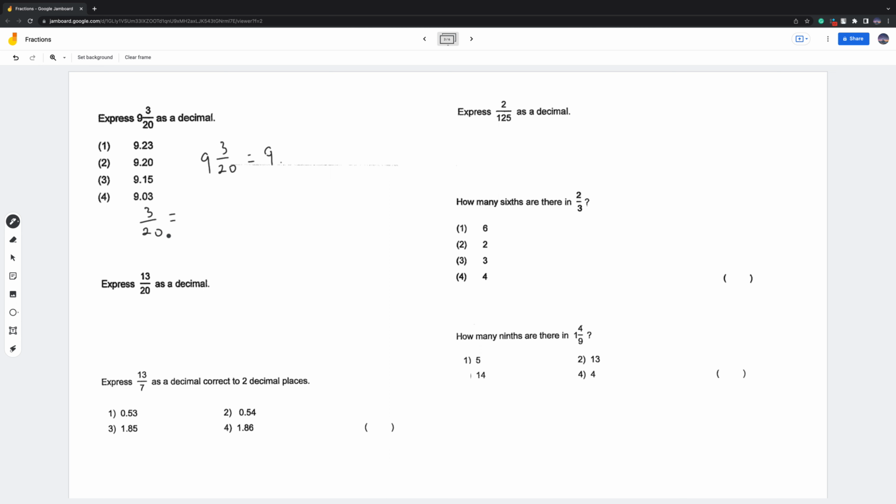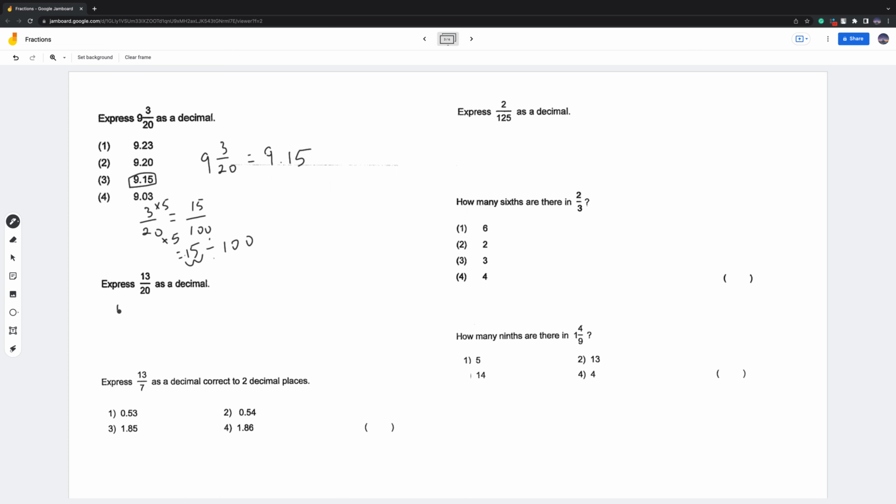Just now we did this, we can change this to 100 by multiplying by 5. We get 15/100. Now, we can change this by dividing 15 by 100. So we shift twice, once, twice, the decimal point goes there. So we have 15, and the answer is 9.15.